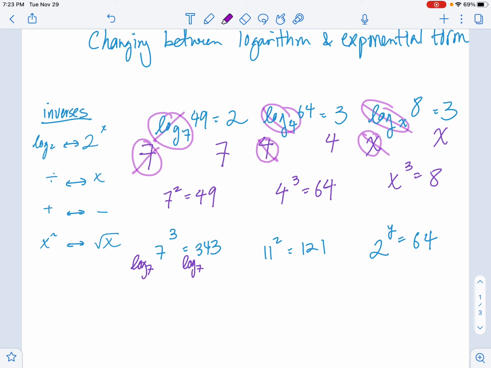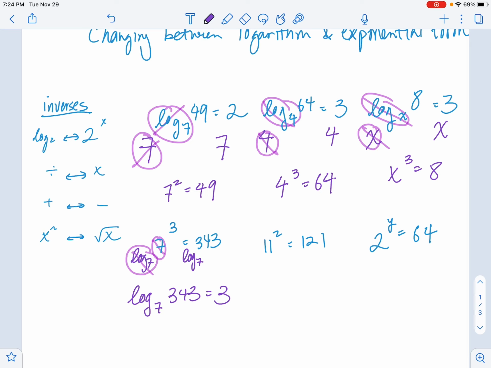What will happen is log base 7 and the exponential of 7 cancel out because they're inverses, and what we're left with is log base 7 of 343 equals 3. We're going to see later why this is true, but for now we're just going through the process of converting.